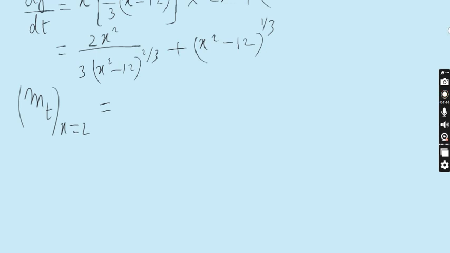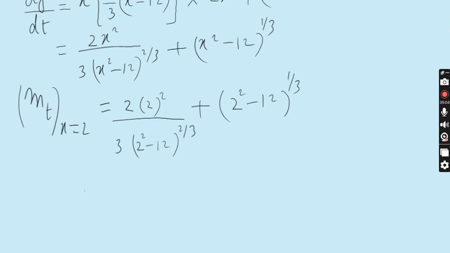So 2 times 2 squared upon 3 times (2 squared minus 12) to the power 2 upon 3, plus (2 squared minus 12) to the power 1 upon 3. 2 squared is 4, 4 times 2 is 8 upon 3. 4 minus 12 is minus 8, to the power 2 upon 3 and to the power 1 upon 3.